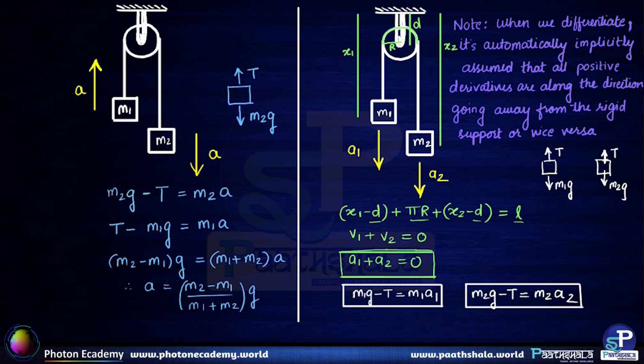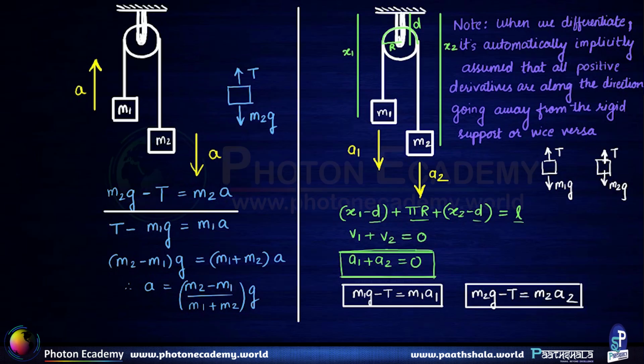So these three equations are going to give us the very same answer that method 1 gave us. These three equations are nothing but the equations of method 1 when we put a1 equal to minus a2. We will actually get back those two equations if we put a1 as minus a2.